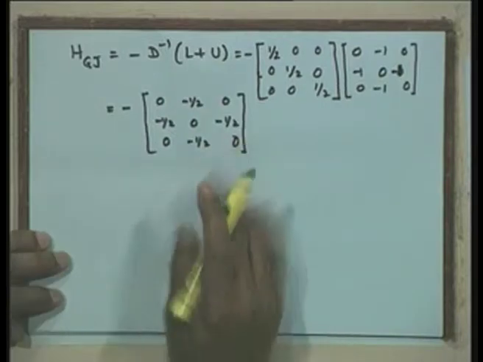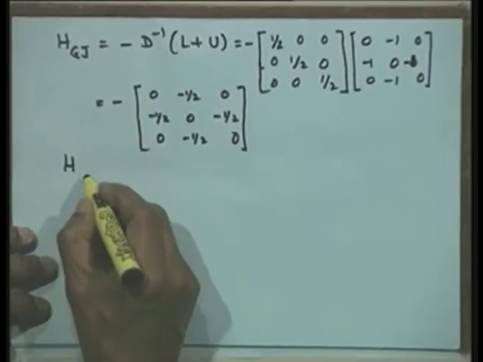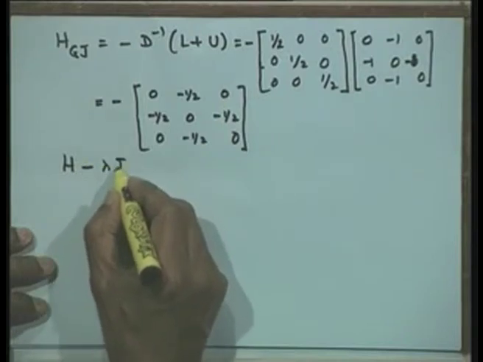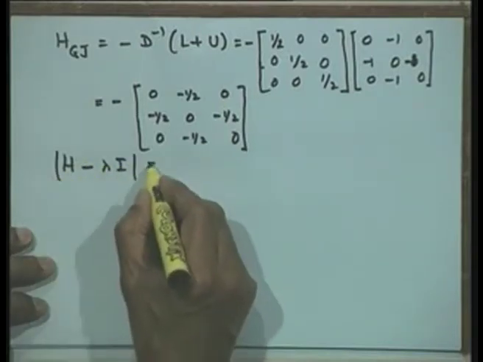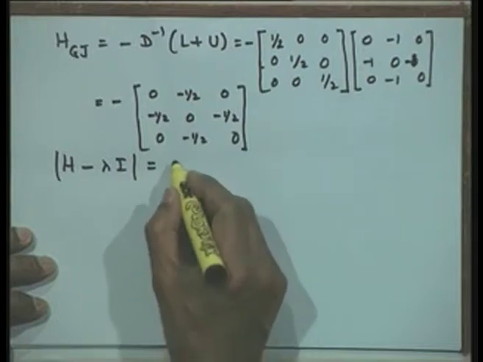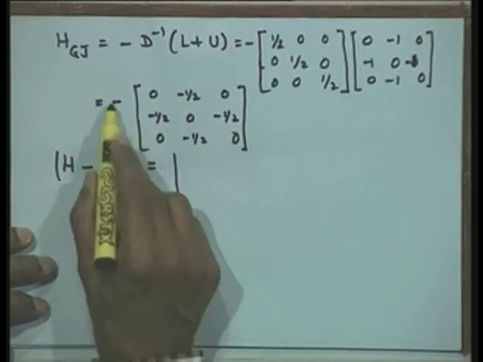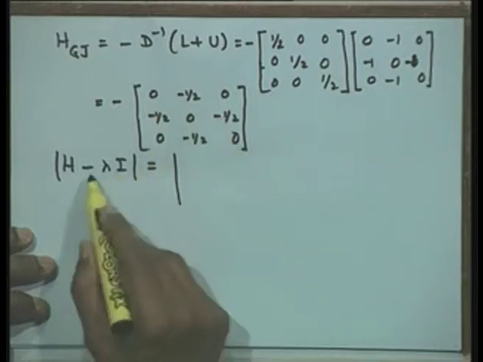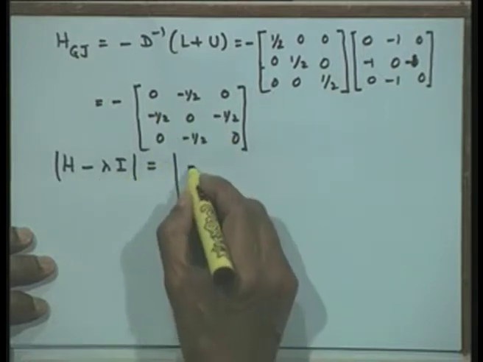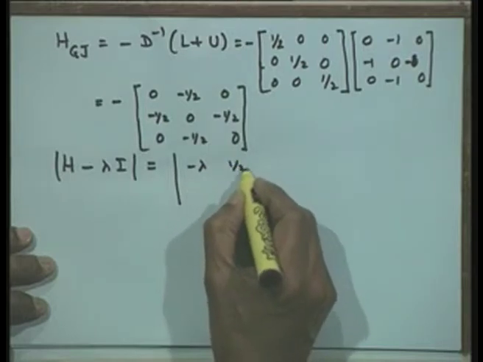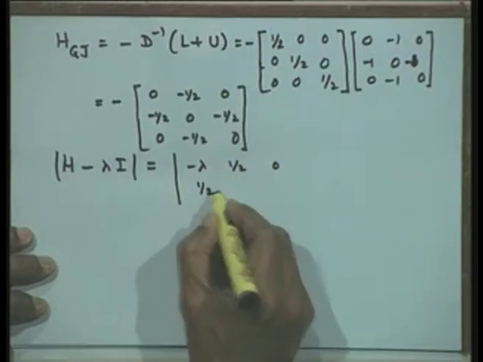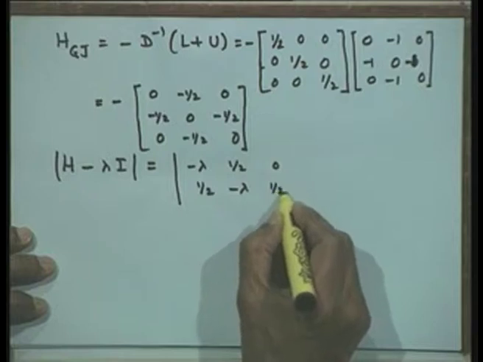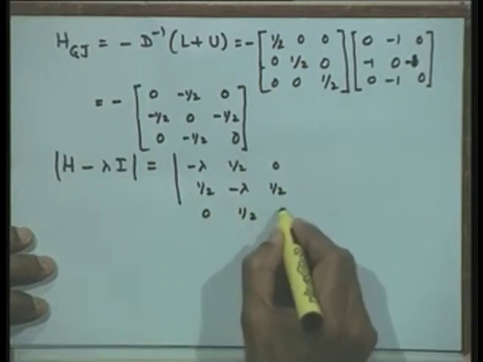Now I will find the eigenvalues of this. Let us drop the suffix and simply write the determinant of H minus lambda I. Let us absorb the minus sign inside, so all these are positive quantities and I am subtracting lambda I. Therefore I will have minus lambda, plus half, 0; plus half, minus lambda, plus half; 0, plus half, minus lambda.